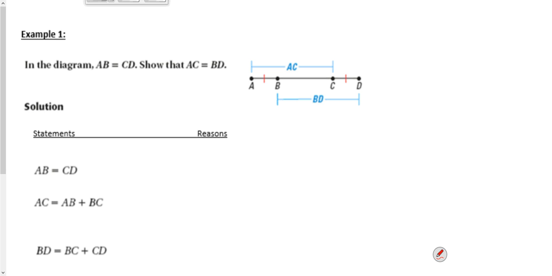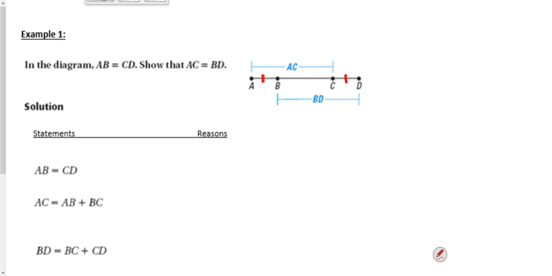So let's look at example number 1. Here we have a diagram, and in the diagram we see that AB is equal to CD. We see those little tick marks in the diagram, so if they didn't write that out for us on the left, we still have the diagram telling us that AB is equal to CD with those little congruent tick marks.